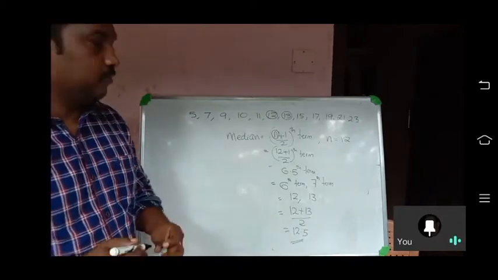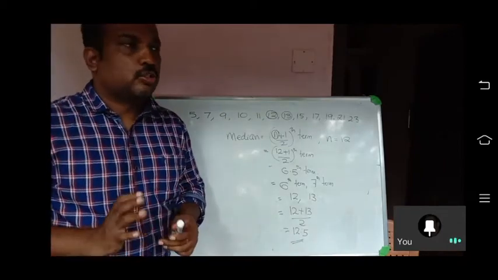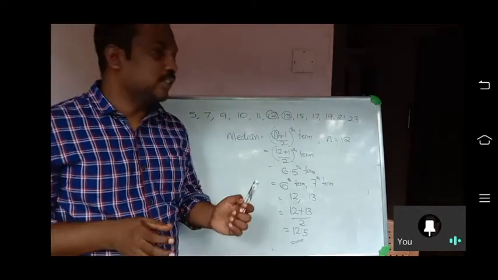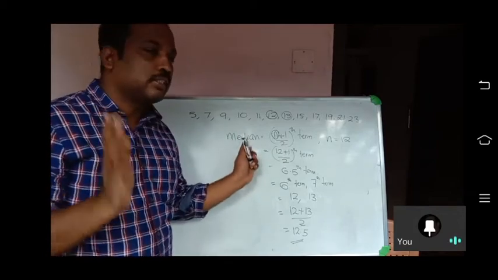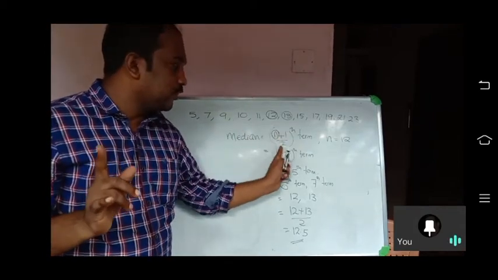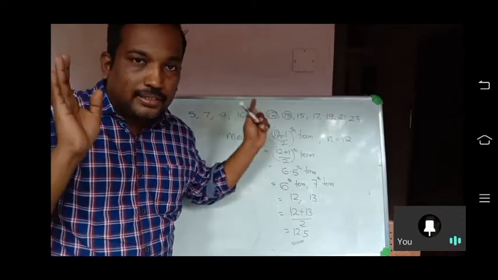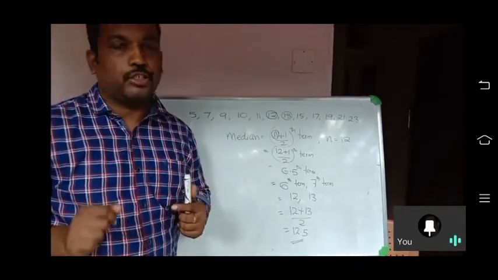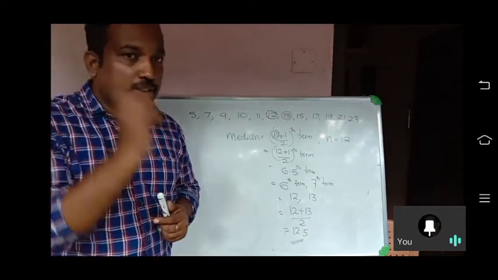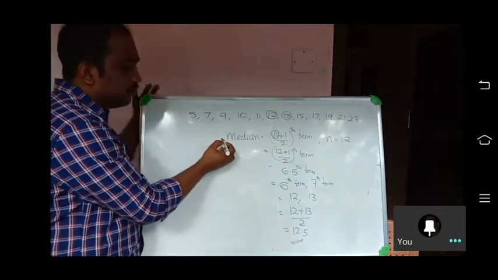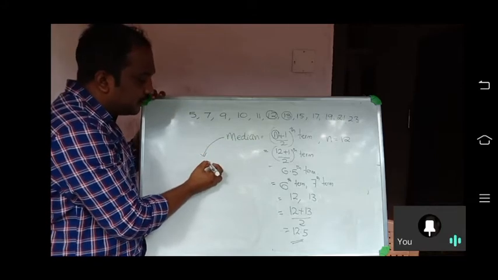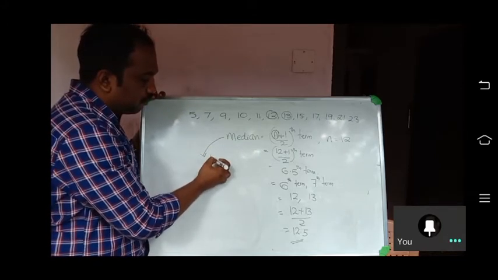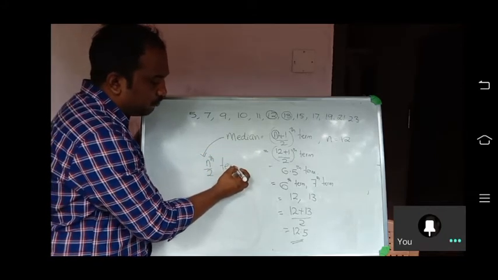as the median. Okay, so unlike what you learned in previous years, here what you need to do is just remember: median is the n plus 1 by 2 the term, and this is the median in numerical calculation. In representation of data using a graph, median is the n by 2 the term.